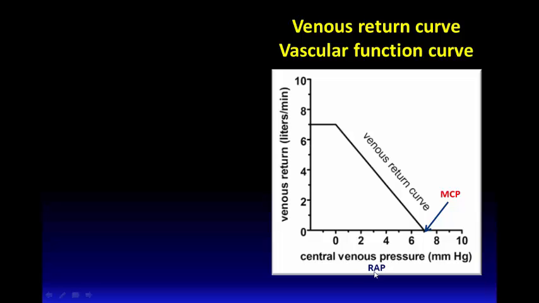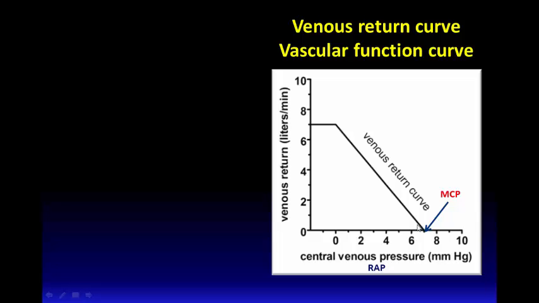Hence, when the right atrial pressure is equivalent to the mean circulatory pressure, having a value of 7 millimeters of mercury, no gradient exists between the venous pressure nearest to the tissues and the venous pressure nearest to the heart, and accordingly the venous return would be 0.